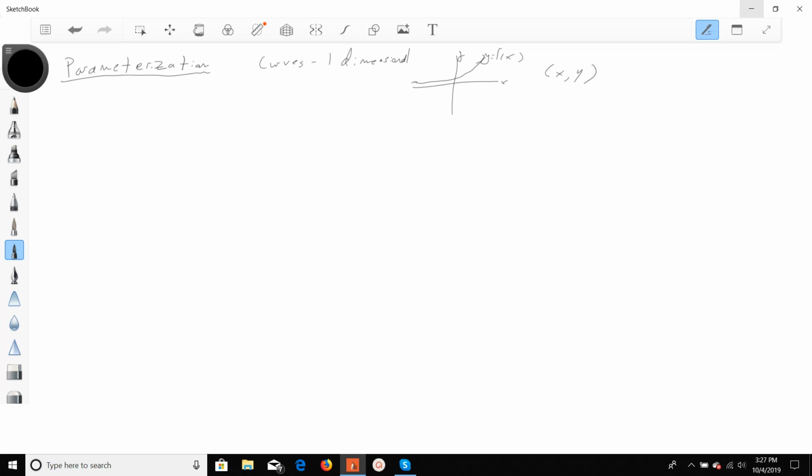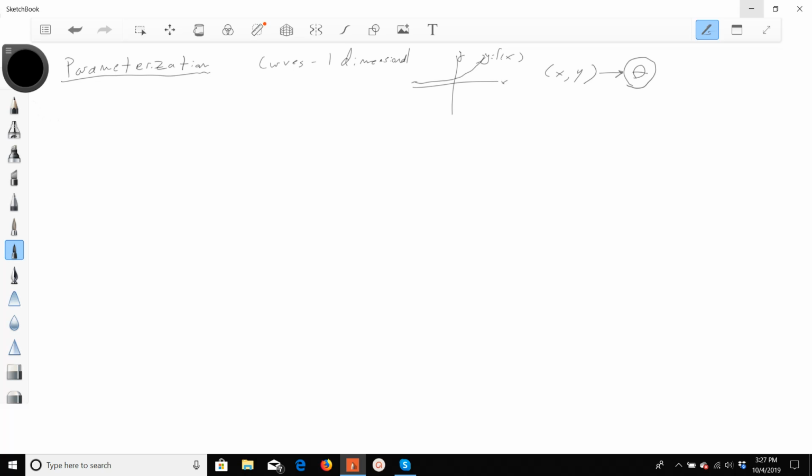It would make sense to be able to describe it in terms of just one variable, which you can call theta. In other words, since the curve only has one dimension, we should be able to describe it with only one variable.